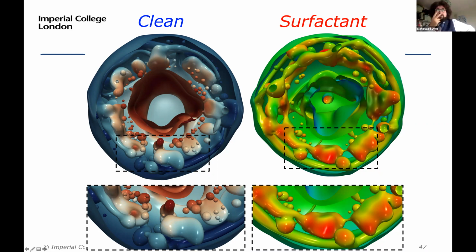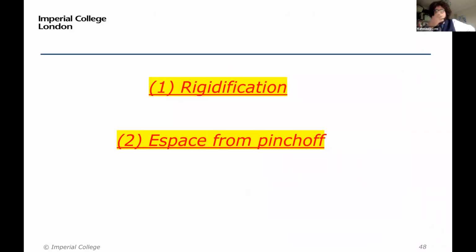So there are two messages now when you have pinch-off and you add surfactant in any type of multiphase flow. One, it could play a role as rigidification, so it suppresses all capillary waves, or it will avoid some types of pinch-offs.